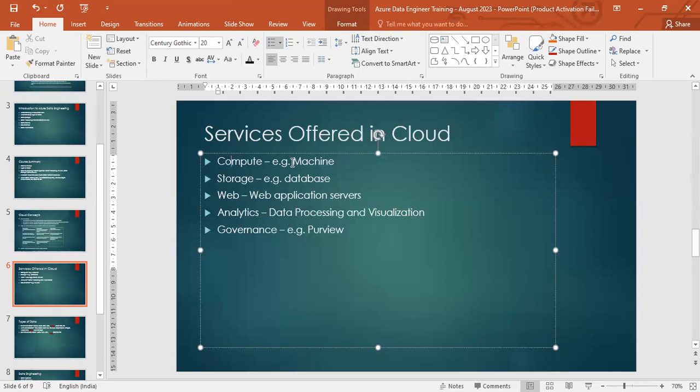On the storage side, for example, we have the Azure storage account and the various types of databases, for example the Azure SQL database. Within SQL database, there is another type called managed SQL database. That will be similar to the on-prem installation, but it will be installed on the Azure virtual machine. That's the difference.